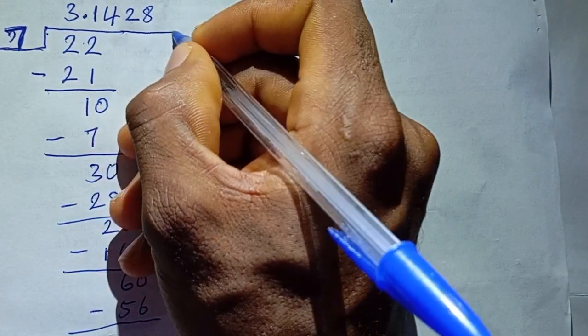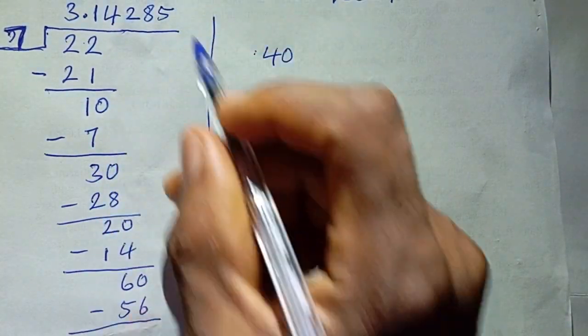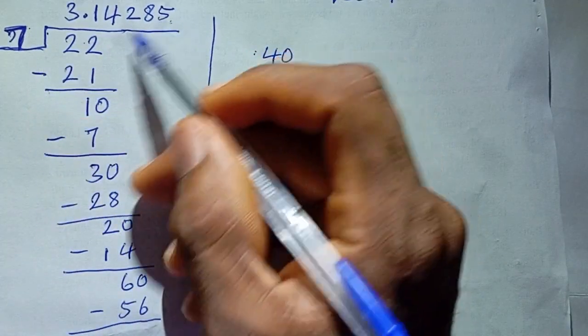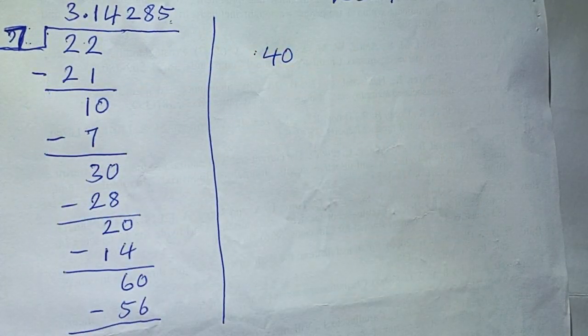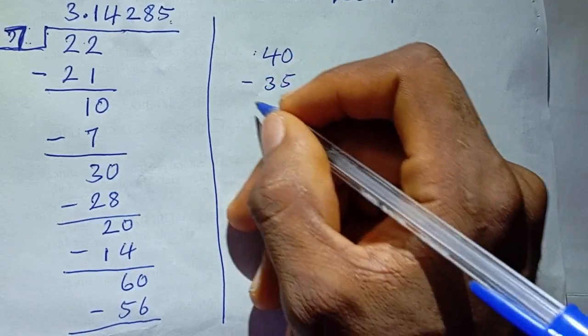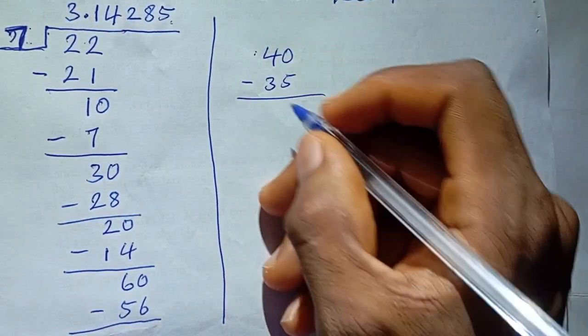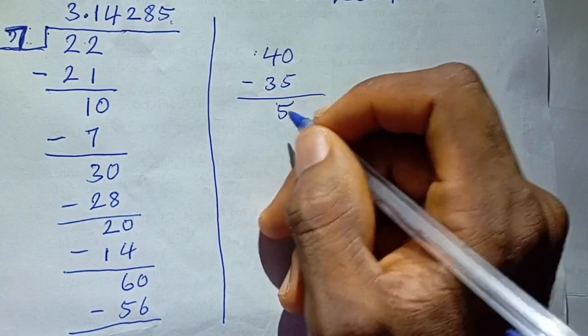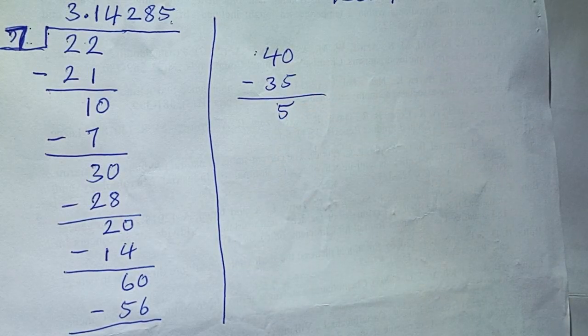We write 5 here. And then 5 times 7 is 35. We write 35. And then we subtract again. 40 minus 35 is 5. Then if you want us to continue, we still add 0 to it, and so on till infinity.